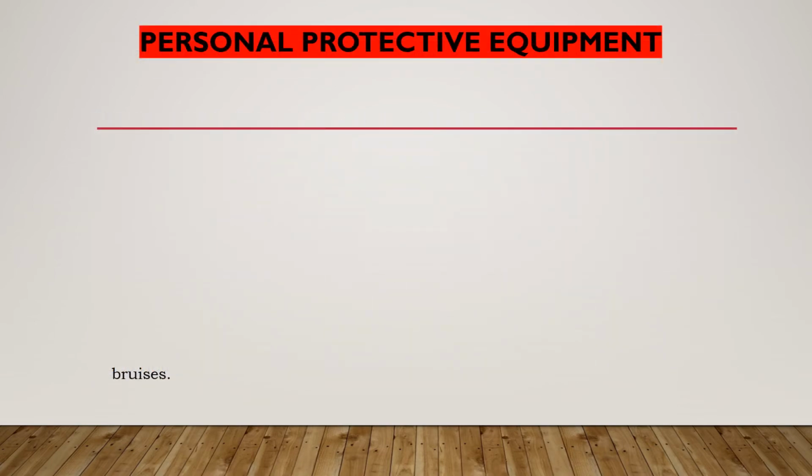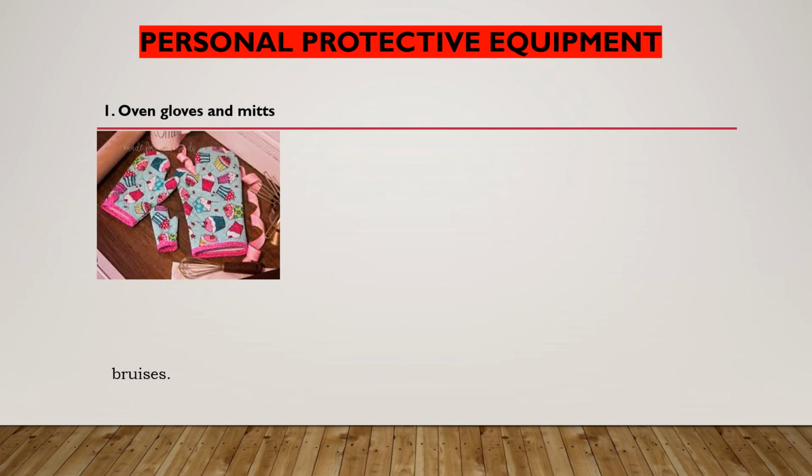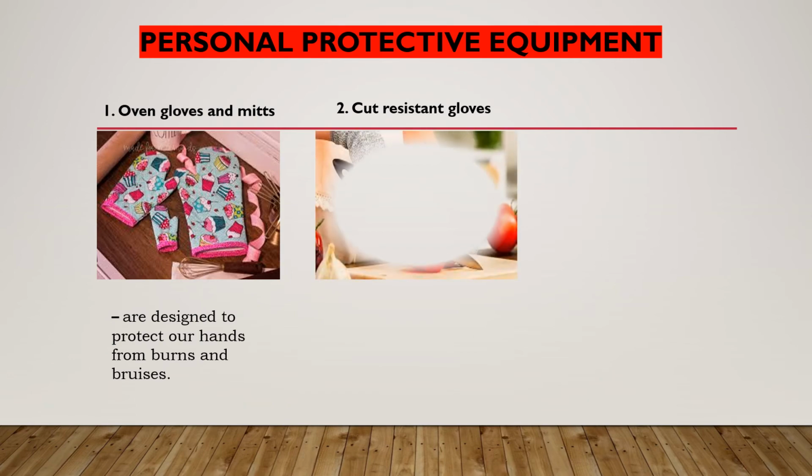Okay, so personal protective equipment. The first one is oven gloves and mitts. These oven gloves and mitts are designed to protect our hands from burns and bruises. The second personal protective equipment in the kitchen is the cut-resistant gloves.